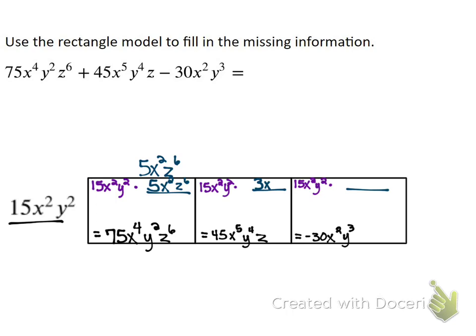When we multiply exponents with the same base, what do we actually do with those exponents? We add them. So if I have x to the 2nd times something to get x to the 5th, how many more x's am I going to have?